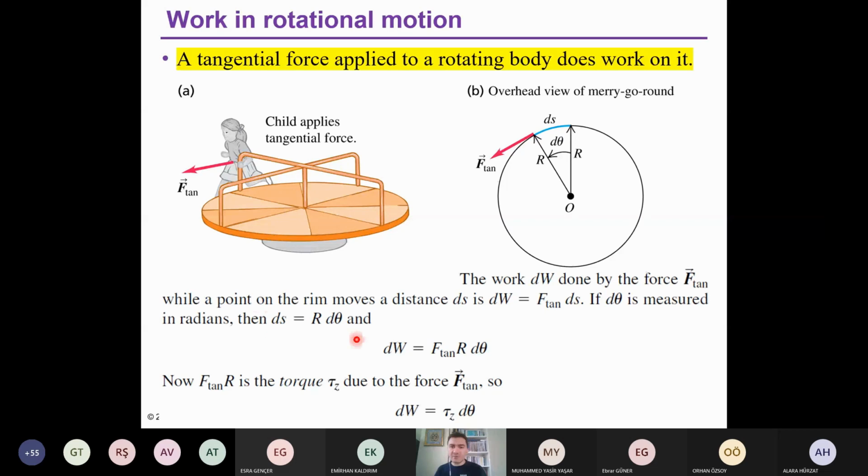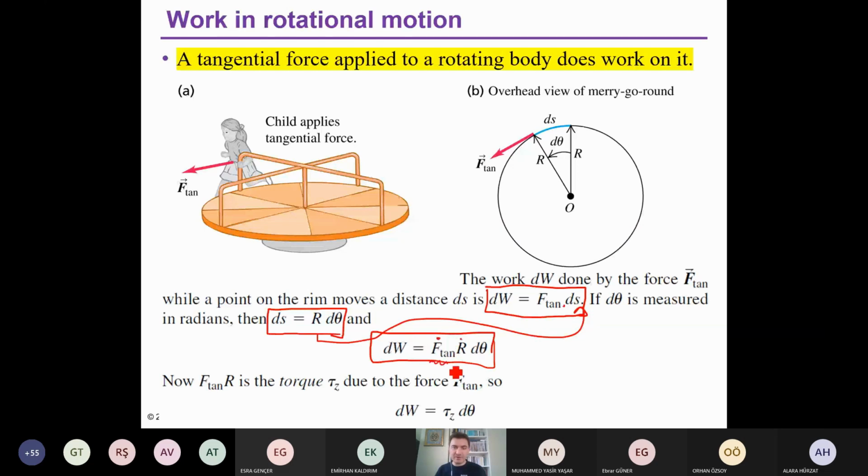and the work done by this tangential force is given with this expression. Work dW is equal to F tangential times displacement ds. So just take this ds and put it there. Finally, we have this work, F tangential r times d theta. Here, what do you see? F tangential times r, this expression.